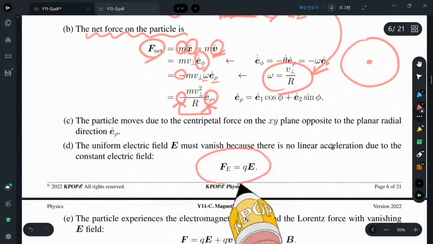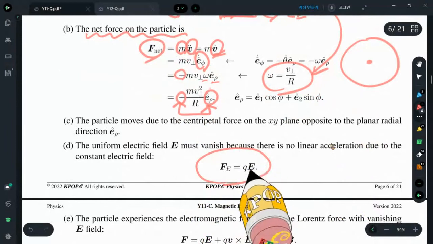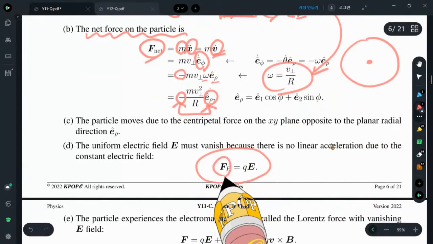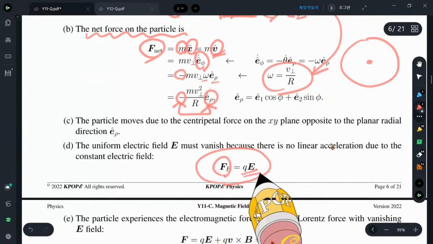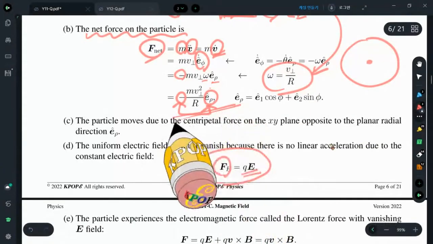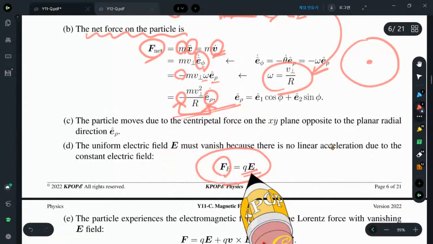Now, let's see. If an electric field exists, then this contribution must produce an acceleration. Is there any acceleration with a constant magnitude?